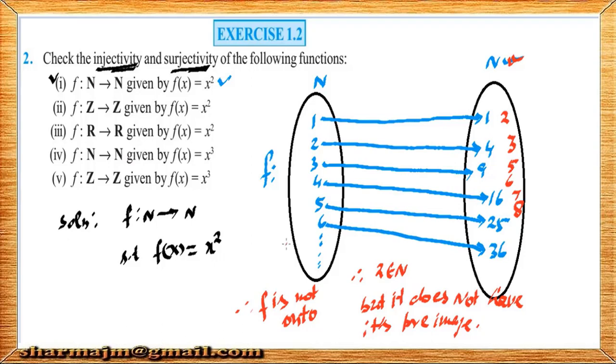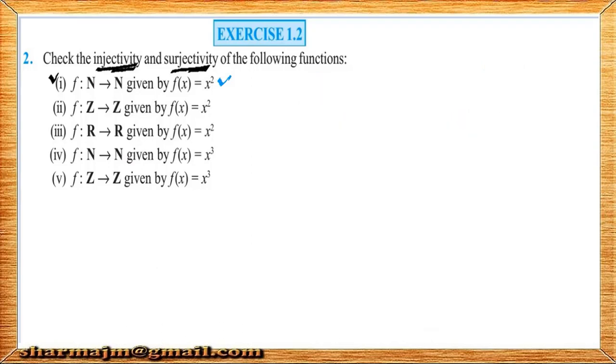Let us do the second part. Now second part, f is a function from the set of integers to the set of integers such that f of x is equal to x square.